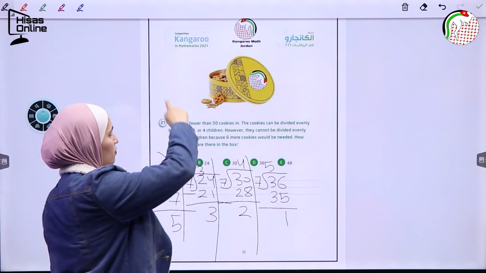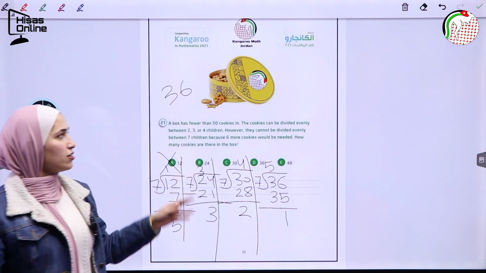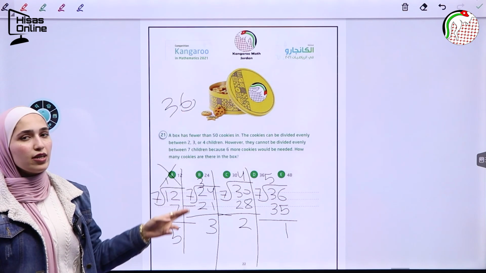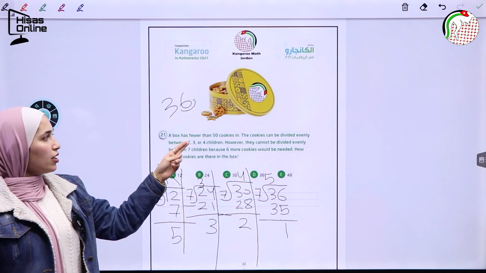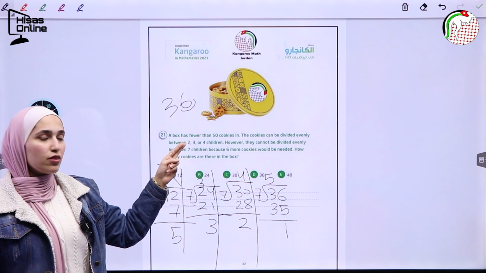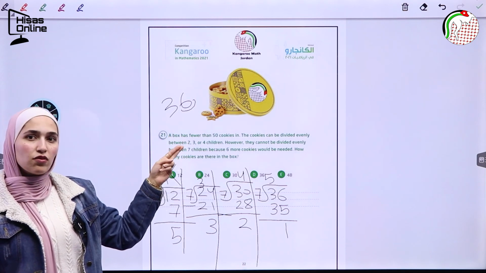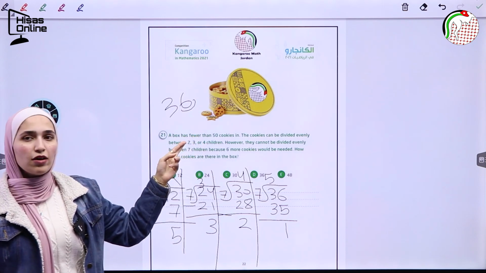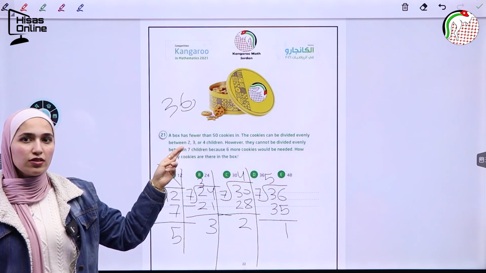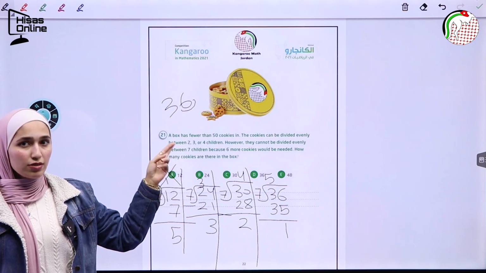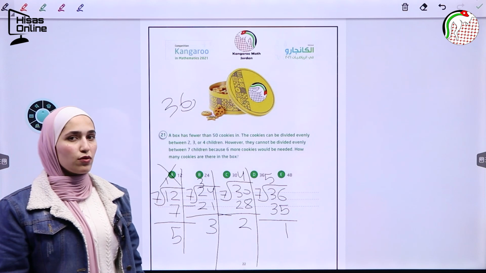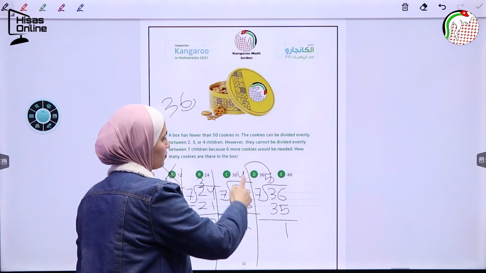Now let's check if 36 is divisible by 2. Yes, of course it's divisible by 2 because it ends with an even number. Is it divisible by 3? 36 divided by 3? Yes, it's 12. Excellent. So is it divisible by 4? 36 divided by 4 equals, excellent, 9. So it's divisible by 4. So the answer is D.